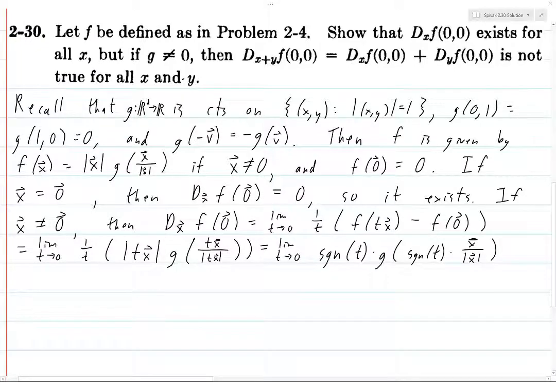If t is positive, then the sign of t is positive, and this just reduces to g of x over the norm of x. If t is negative, then we're going to have a negative out front and a negative within the argument of g. It's going to be g of negative x over norm of x.